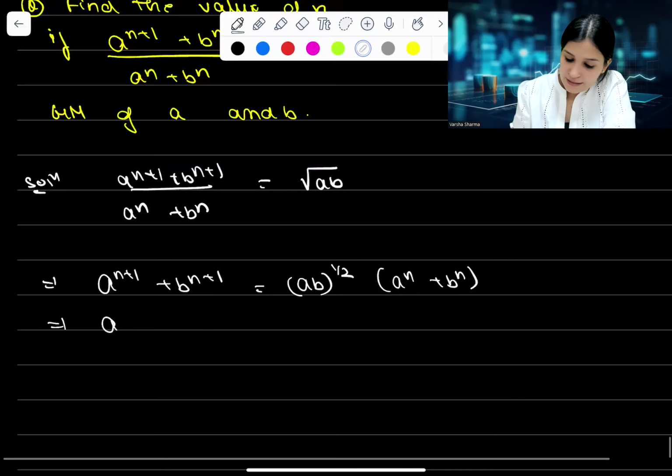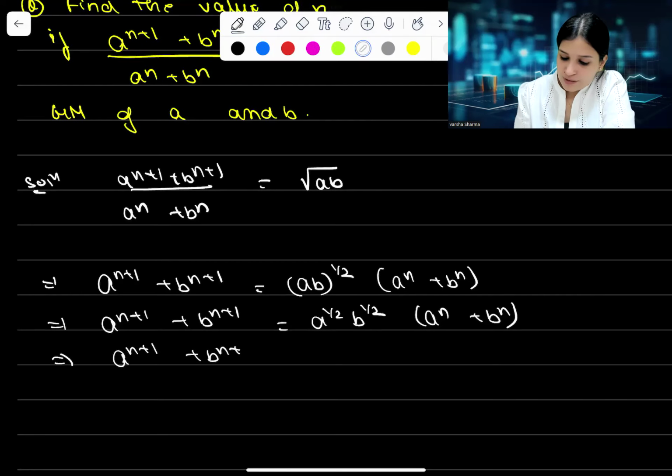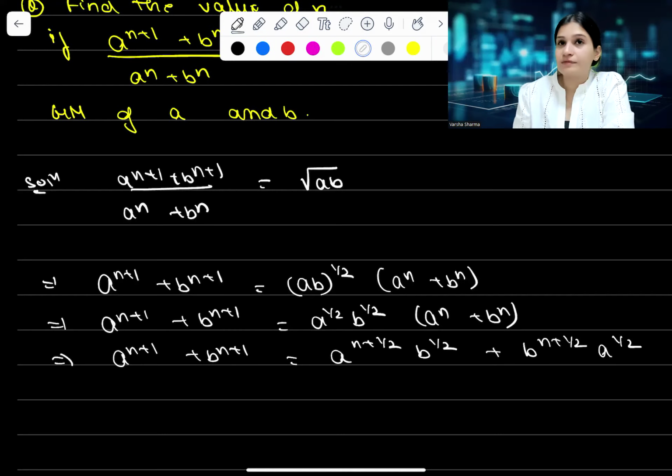I can open the bracket and put the powers to both of them: a^(1/2) b^(1/2) times a^n gives a^(n+1/2) b^(1/2), plus b^(n+1/2) a^(1/2).